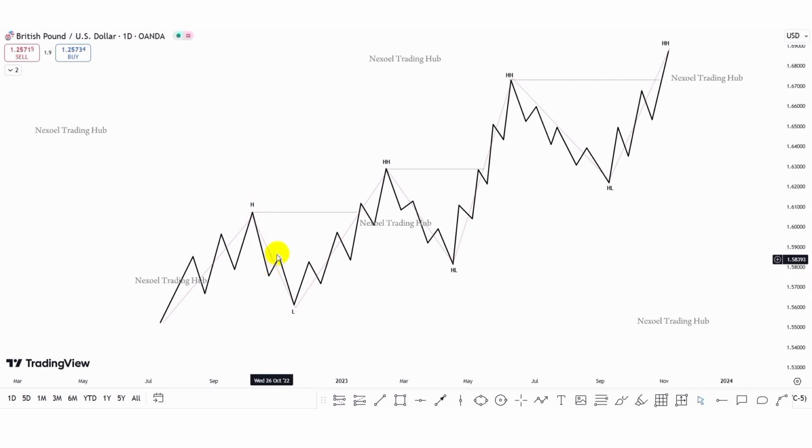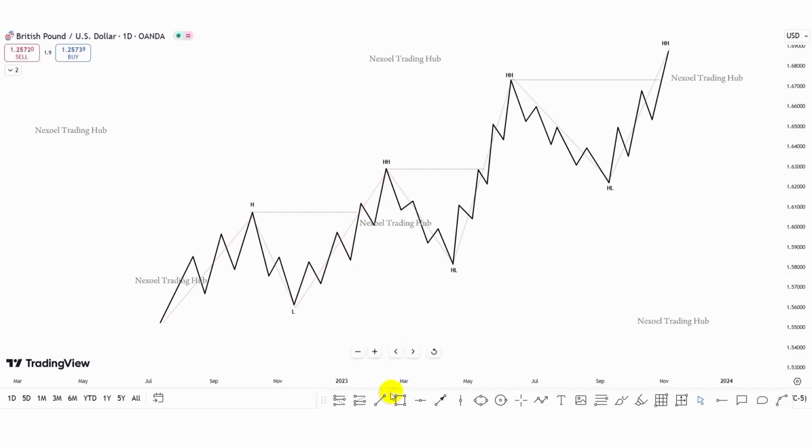Price pulled back, gave us a lower high, and then price fell again. Now in the impulsive move again, we're going to have another bullish structure. Within that impulsive leg move, you're also going to have this structure.